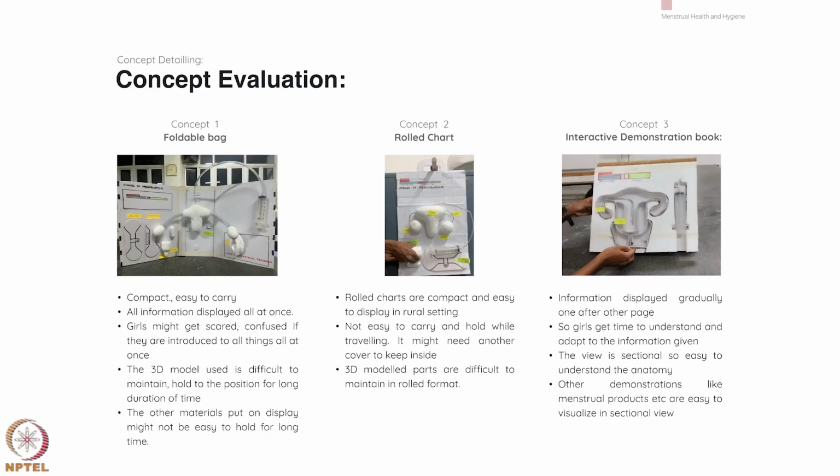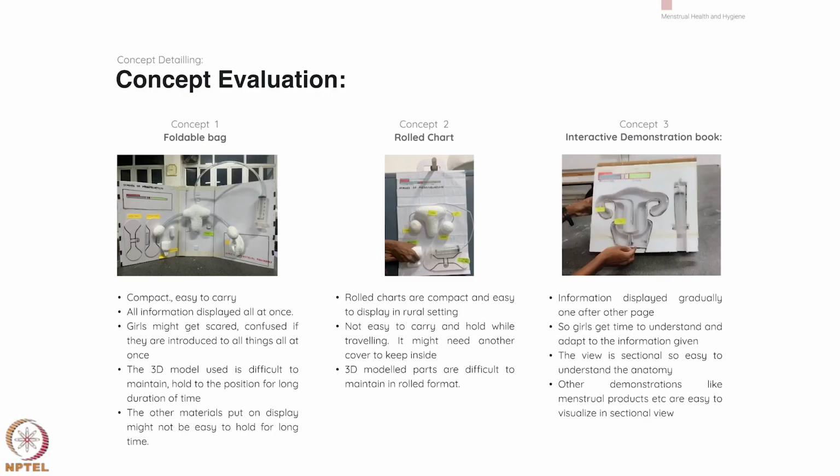So on the first page the model is there, and on the second page the demonstration of all absorbents is shown. So information provided to them is given gradually, so girls might feel it is easier to learn.